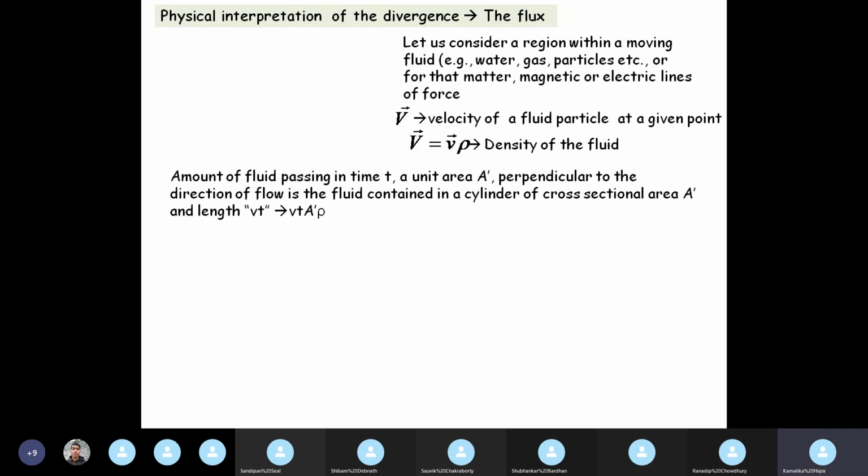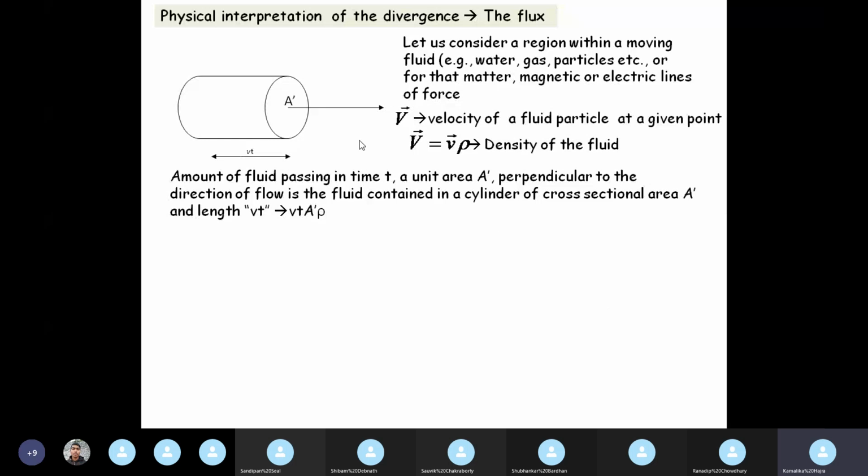Suppose within this mass of fluid that is moving, in time t, you imagine a unit area A prime, which is perpendicular to the direction of flow. Then that amount of fluid is basically the fluid contained in a cylinder of cross-sectional area A prime and length Vt.